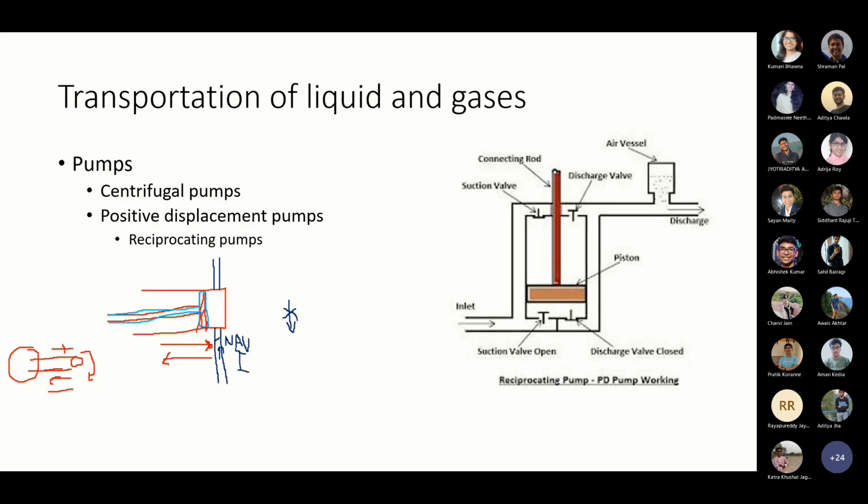When you pump the bicycle tire, that valve on the cycle rim will only allow air to go in one direction. It won't let the air come outside, but if you want to release the air, you just press it. A special mechanism is there. So similar types of non-return valves, NRV.